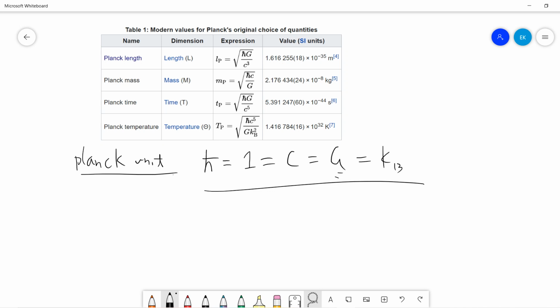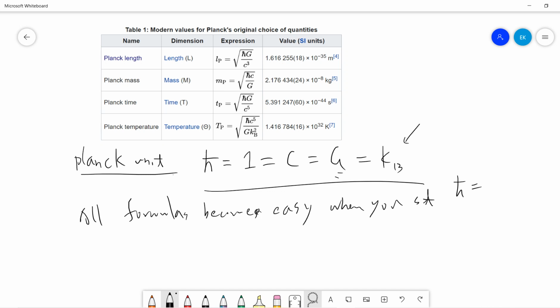General relativity becomes easy if G is 1, and statistical physics becomes easy if kB is 1. So all formulas become easy when you set all of these famous natural constants to be 1.